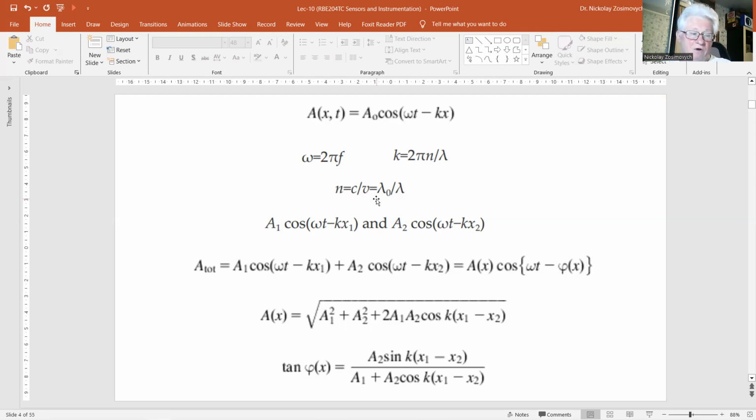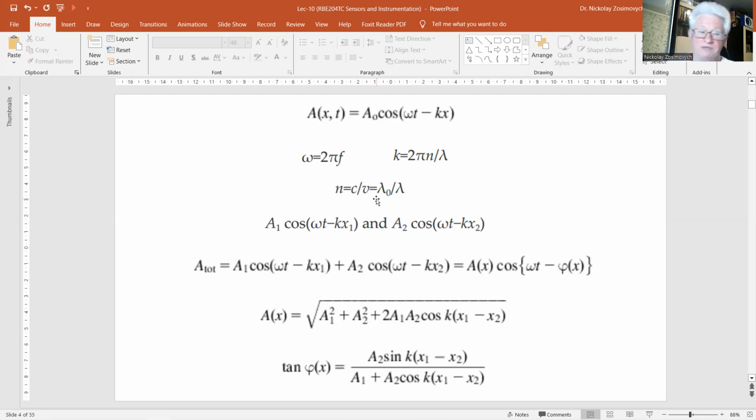In the remainder of the text, as you may find in my lecture notes, we assume that n equals 1, because most applications are in air, having a refractive index very, very close to 1.